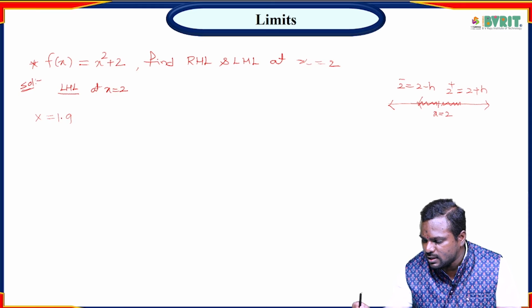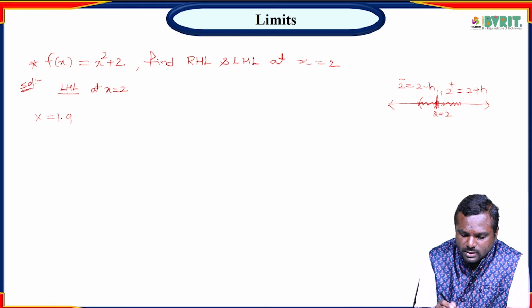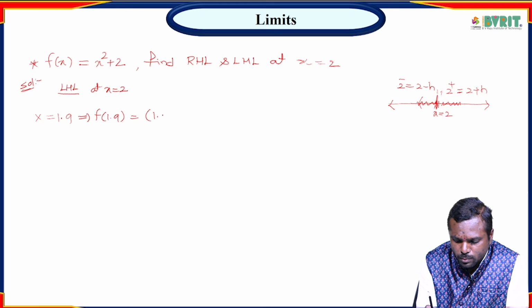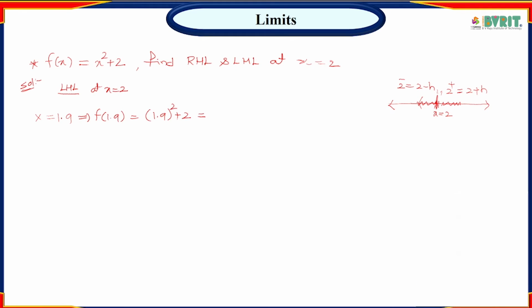So then f of 1.9 is equal to 1.9 whole square plus 2. Then 1.9 whole square is equal to 3.61, plus 2, that is equal to 5.61 at x is equal to 1.9.